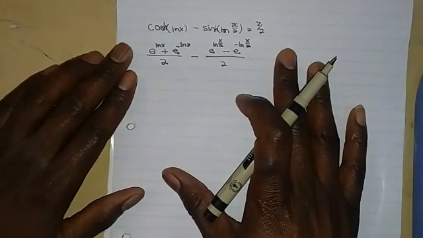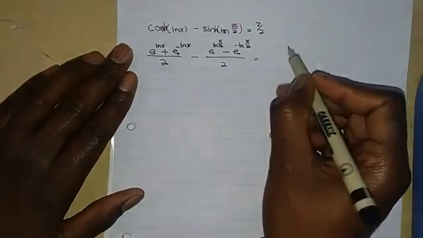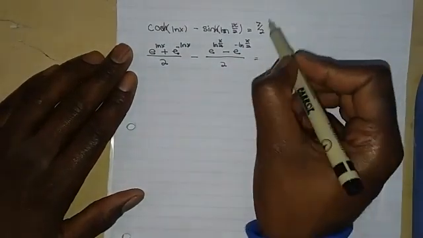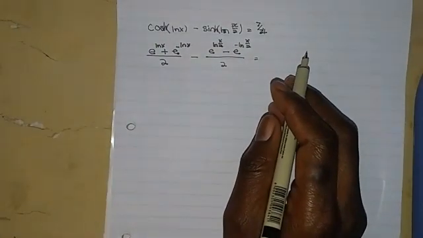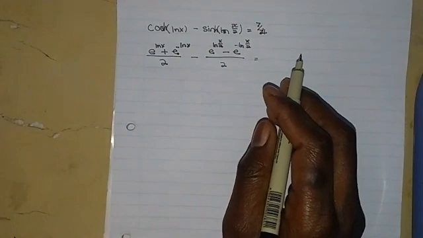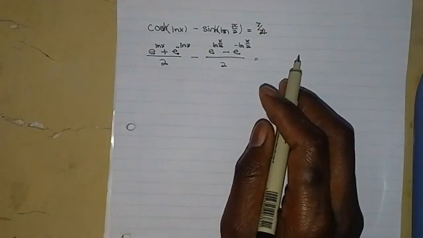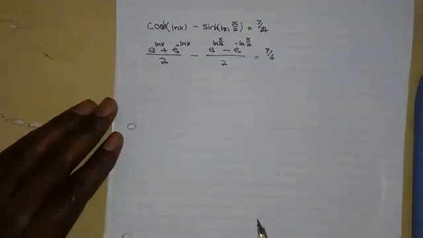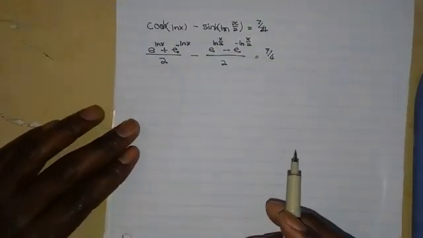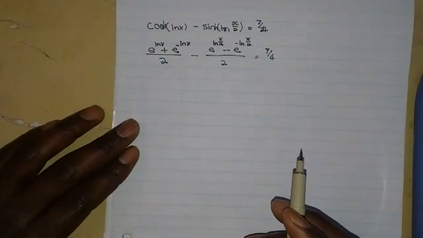Now we see two things that are very interesting, and this is 7 over 4. Okay. What can you do?